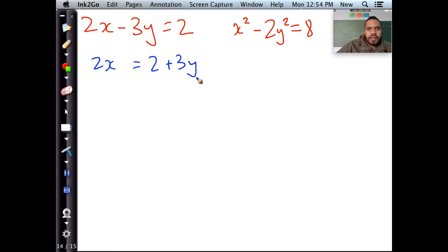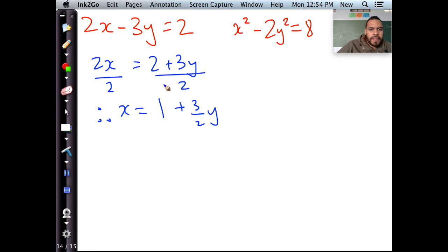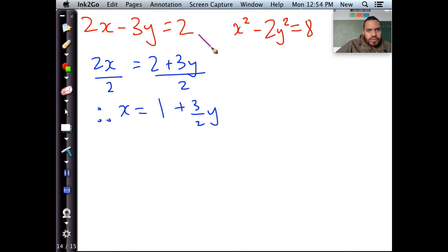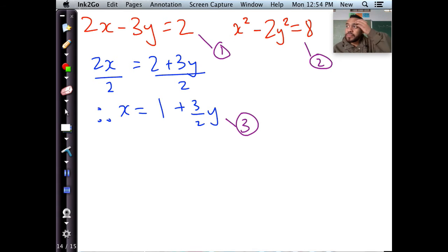And you're going to divide this whole thing now by 2, and that should give you equation number 3, which says x is equal to 1 plus 3 over 2 y. So if we label these equations, equation number 1, equation number 2, and derived equation number 3, which comes from number 1, clearly we're going to take number 3 and put it into number 2.